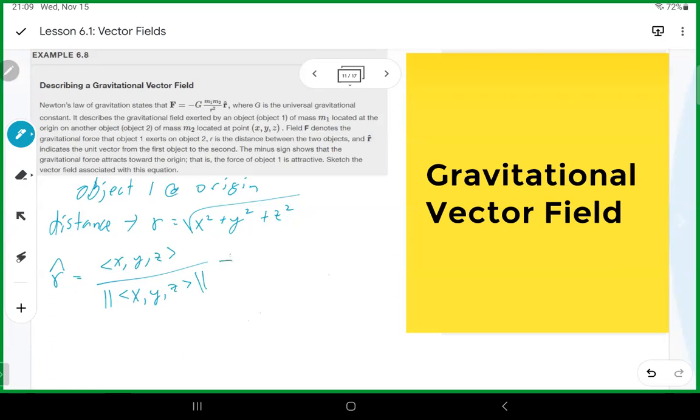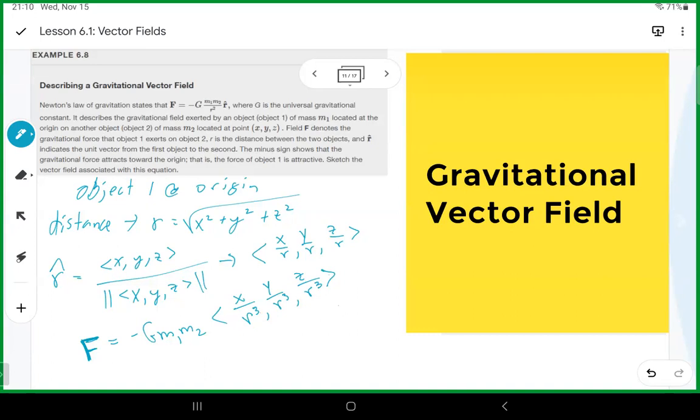So then that would become... therefore the gravitational vector field exerted by object 1 on object 2 would be... This is an example of the radial vector field in R cubed.